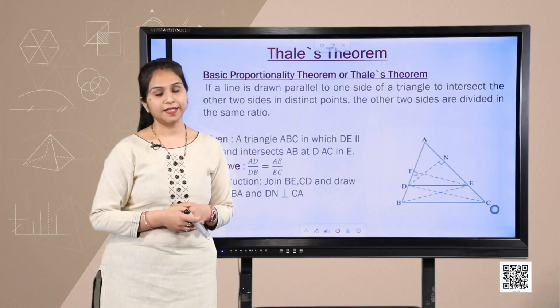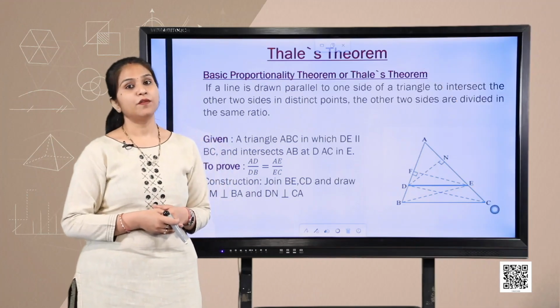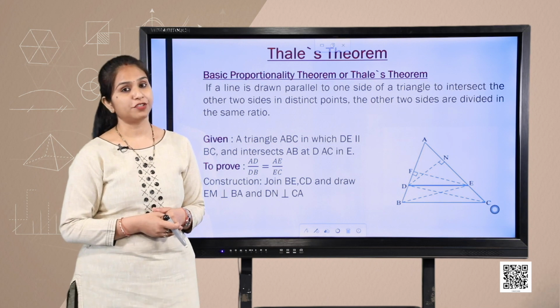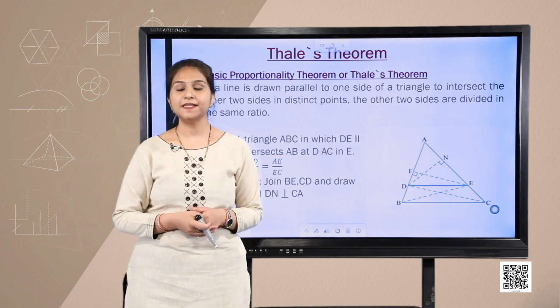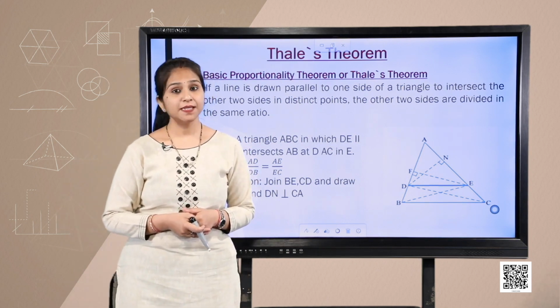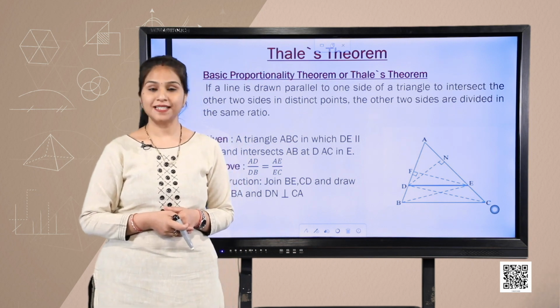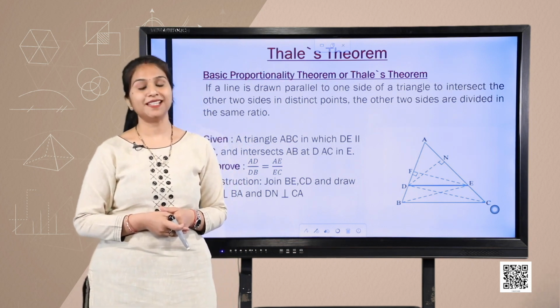So children, with this, now let us understand one of the very important theorems of your chapter, that is known as the basic proportionality theorem. This theorem is also known as Thales theorem, or BPT in short.